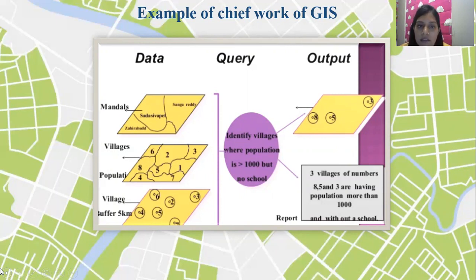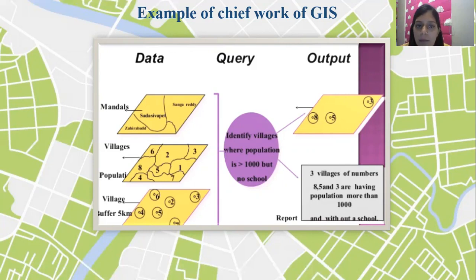So how did it get this? It got this with the help of the population and how many schools are there. You can see here, I have already applied the buffer analysis tool. What is the buffer analysis tool? Buffer means, for example, within my 5 kilometers there should be no school. So I have given that in the proximity of 5 kilometers there should be no schools, right?